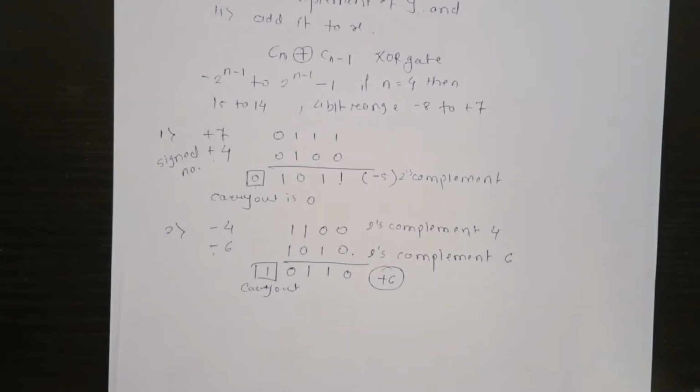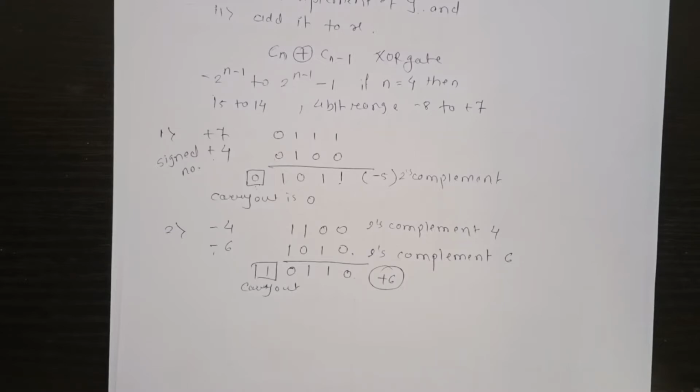Which are those? First one is that overflow can occur only when adding two numbers that have the same sign. Another is that the carry out signal from the sign bit position is not a sufficient indicator of overflow when adding signed numbers.